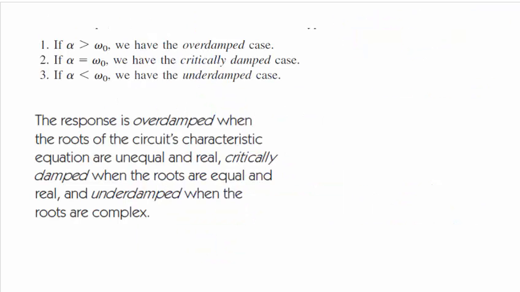So there are three cases. When alpha is greater than omega 0, we call this the overdamped case. When they're equal, it's critically damped, and when alpha is less than omega 0, we say that's the underdamped case. So how the circuit behaves falls into these three different categories, which we're going to look at each case individually. So let's look at the first case, the overdamped case, first.